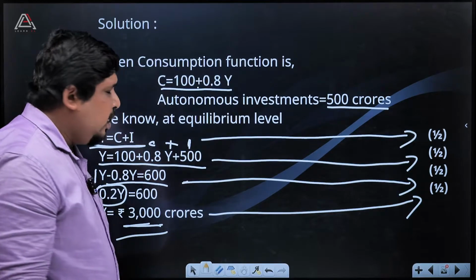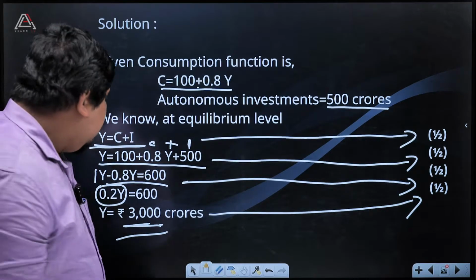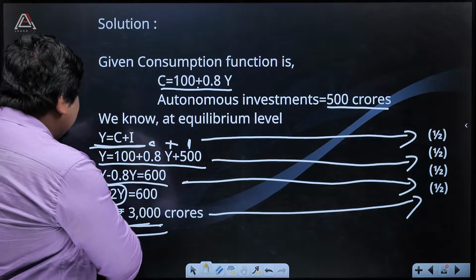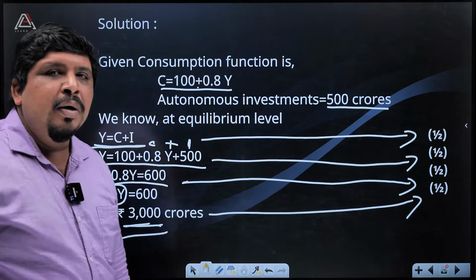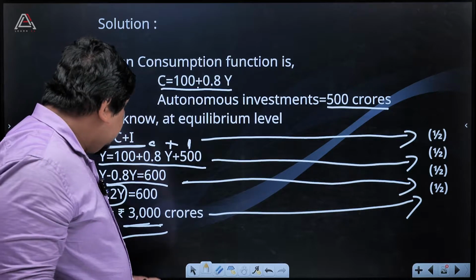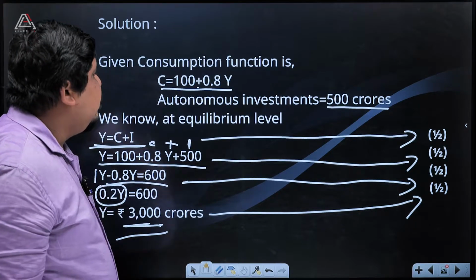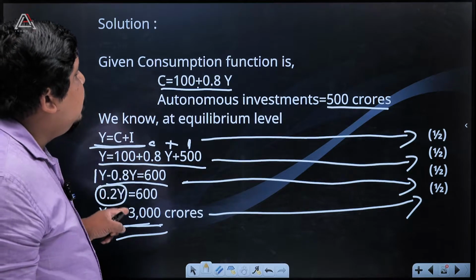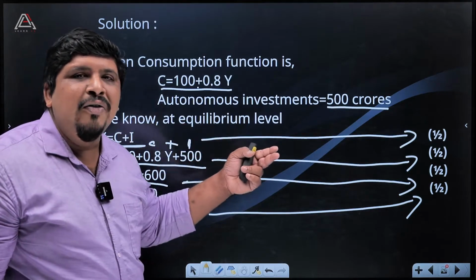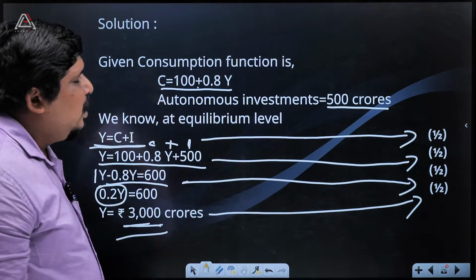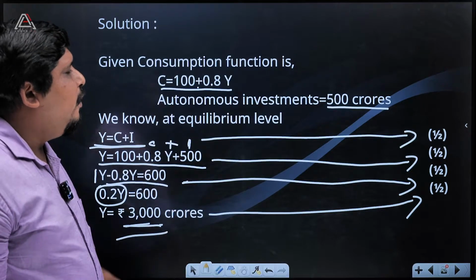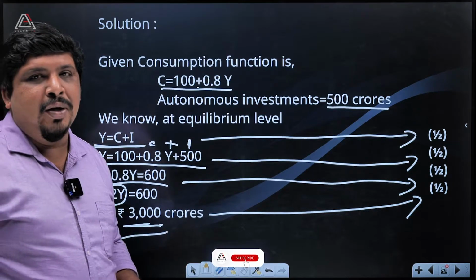This way they are giving marks. Suppose certain students only write the final step and the answer, they don't get the entire marks. You have to write like this. Even though it is only for 2 marks, you have to write all the steps. So you have to adopt this method when you are writing your examination.